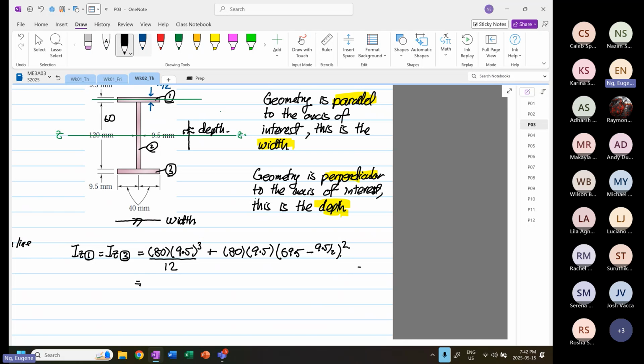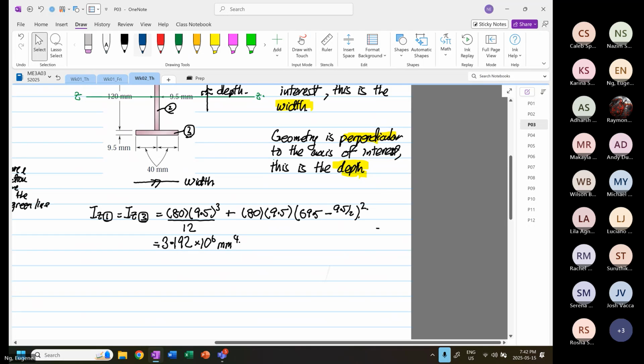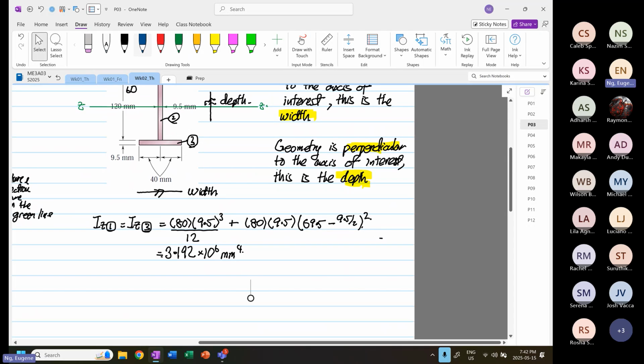And you get 3.192 times 10 to the power 6 millimeter to the 4.